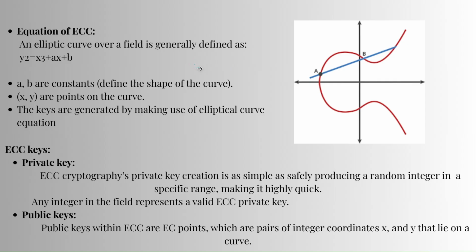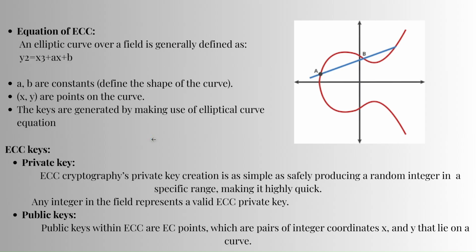So for the equation to get the keys, we use an elliptic curve equation over a finite field. The equation is y square equal to x cube plus ax plus b, where a and b are constants which define the shape of the curve, and x, y are the points on the curve. The keys are generated by making use of the elliptic curve equation.